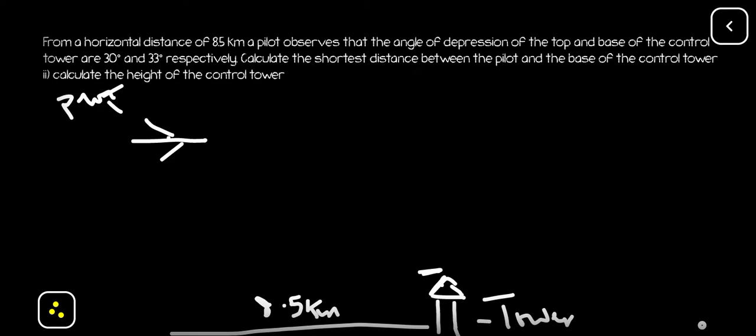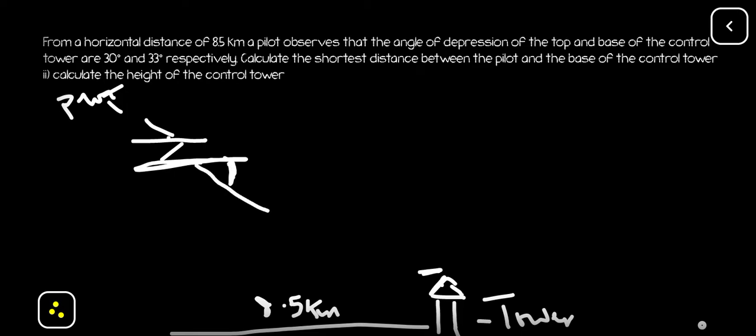All right, so now what he observes is the top and bottom in terms of angle of depression. So he first observed 30 degrees for the top. So you know that if this is the frame of reference, 30 degrees from here will be something around this point.